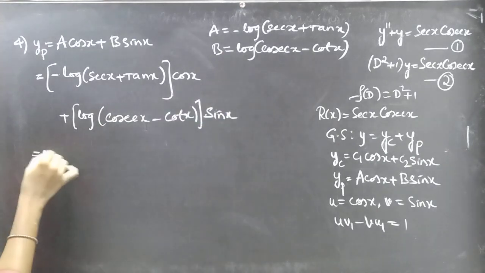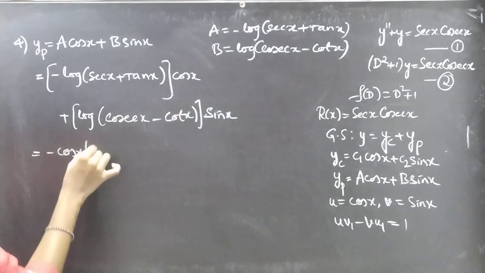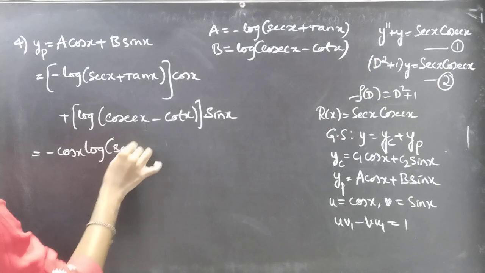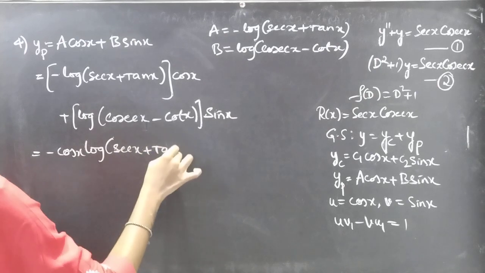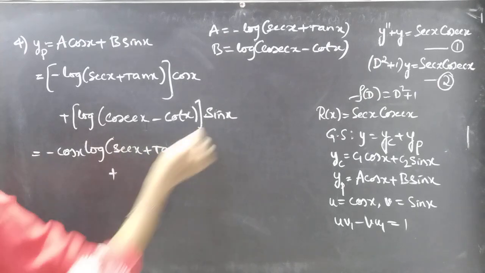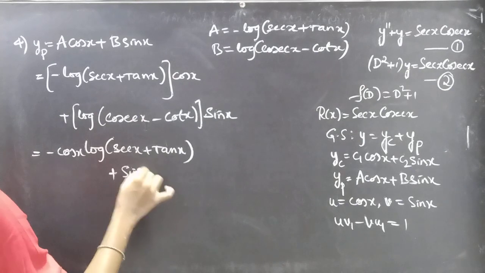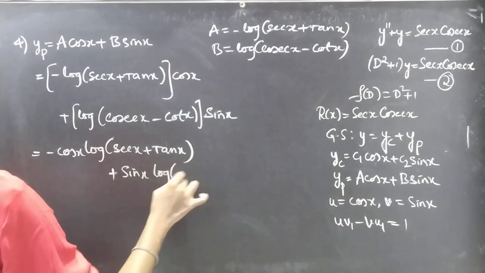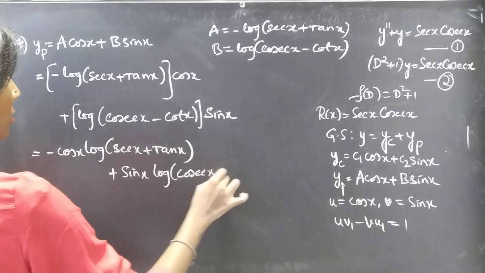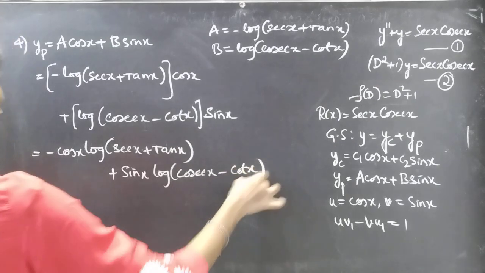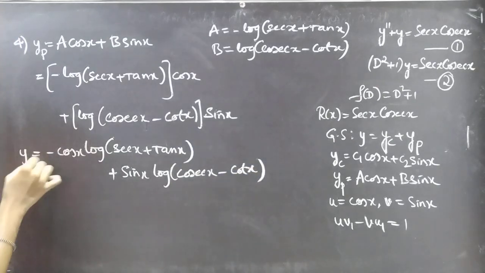This gives us minus cos x log of secant x plus tan x plus sin x log of cosecant x minus cot x, which is our required yp.